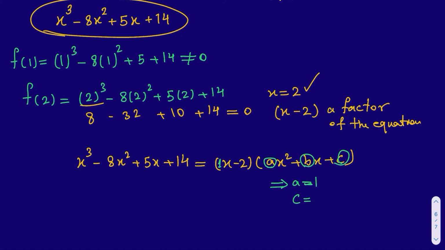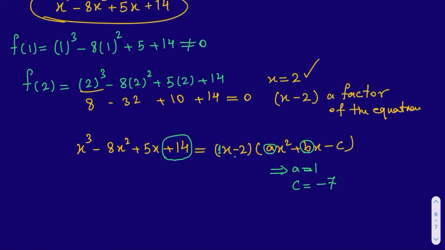We need to compare these two equations and ask which number should be multiplied by -2 to produce plus 14, and that number is -7, because -7 times -2, the product will be plus 14, or positive 14. So we have already found two coefficients.